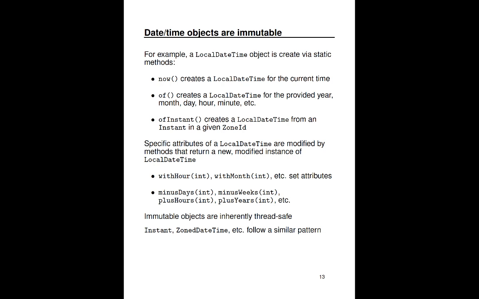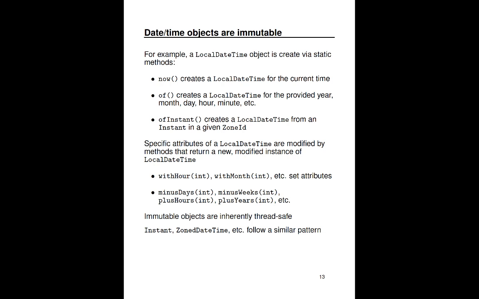And if you want to convert an Instant object to a LocalDateTime, you can do so using the static ofInstant method of LocalDateTime, providing it that Instant object, and then also a ZoneId object. So immutability impacts how you create or get access to instances of these datetime objects.